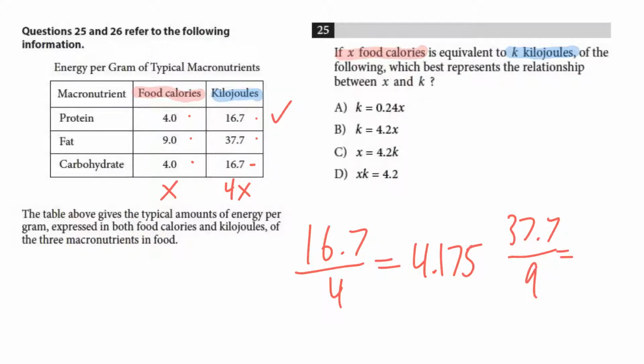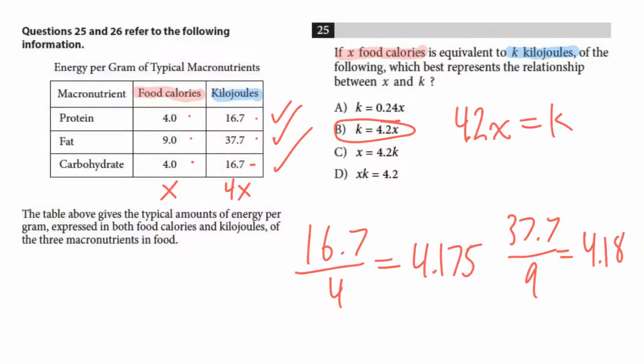Well, 37.7 divided by 9, doing on my calculator here, is 4.18. Okay, and then our last one is the same as the first. So it looks like 4.2. 4.2 times the food calories should tell us the kilojoules. All right, well, that's going to be this one right here.